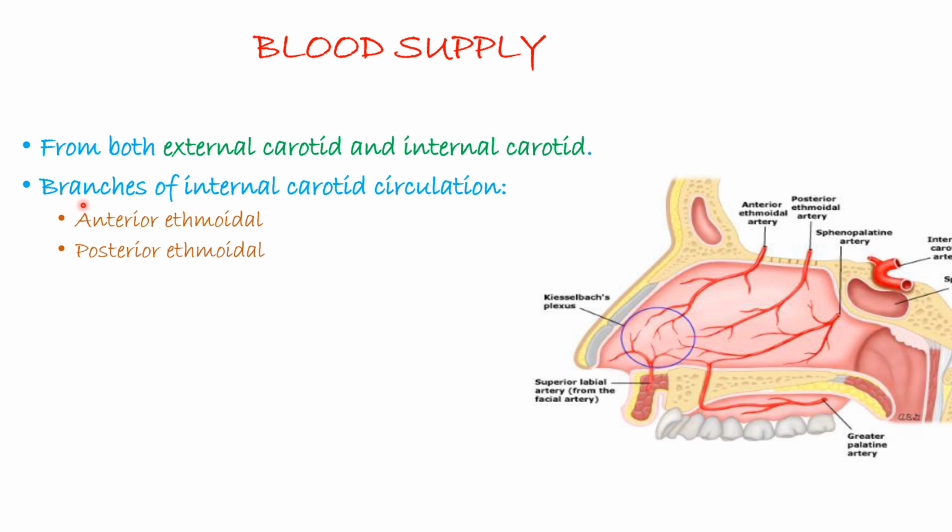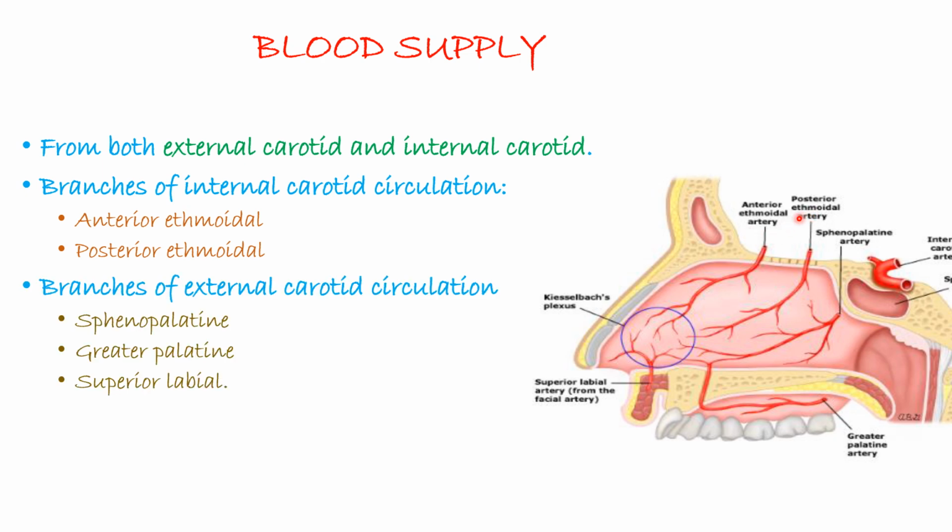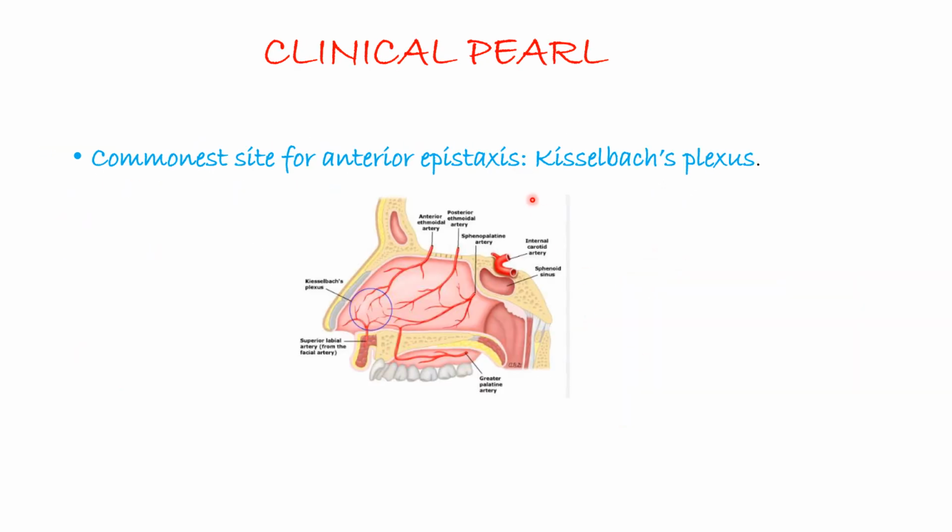The branches from the internal carotid artery circulation are the anterior ethmoid and the posterior ethmoid, whereas the branches from the external carotid include the sphenopalatine artery, the greater palatine artery, and the superior labial artery, which comes from the facial artery. The clinical pearl for the blood supply to the nose is that the commonest area of anterior epistaxis is the Kiesselbach plexus.